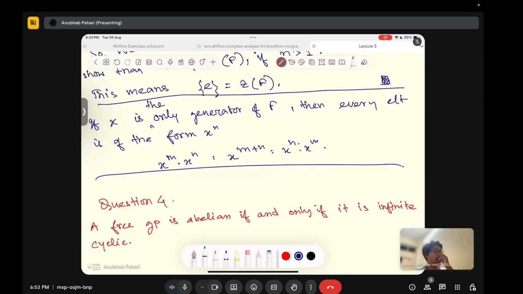Because a free group is torsion free, so with a single generator it has no torsion element, so it should be infinite cyclic, and a cyclic group implies it is abelian. But the converse is also true, that if a free group is abelian, then it is infinite cyclic.